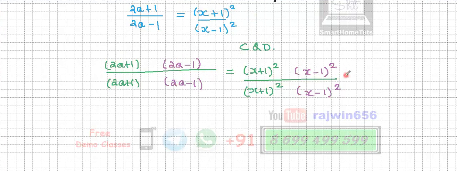Same way I have done it on the right hand side, x plus 1 the whole square, these are the numerator terms, and x minus 1 the whole square, these are the denominator terms. So we are applying componendo and dividendo. Therefore in the numerator it is going to become plus, in the denominator it is going to become minus.